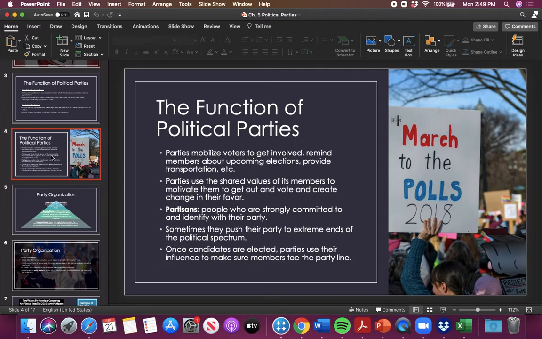And then once candidates get elected to office, they use their influence to make sure that other party members are voting the way they want them to. A good example where we're going to see this in the next few weeks, we all know sadly that Justice Ruth Bader Ginsburg just passed away.